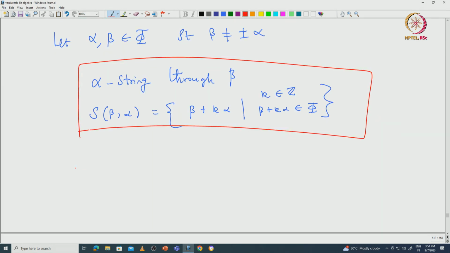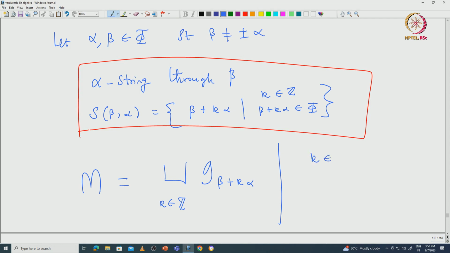For that purpose we will consider another SL2 alpha module. There is this natural module, let us call it M, which is just the direct sum of all these g beta plus k alpha, where k comes from the integers. Note that if k does not come from S of beta comma alpha, then g beta plus k alpha will be 0.